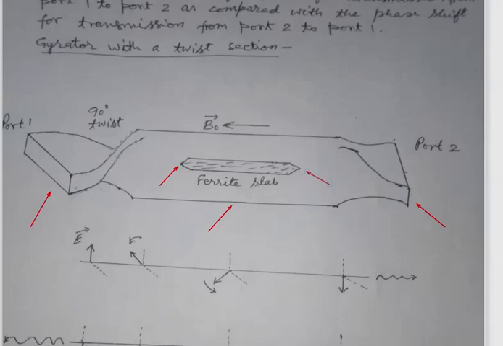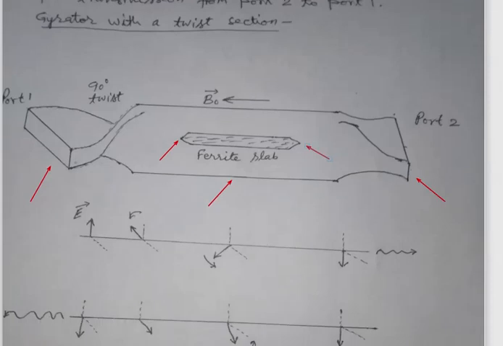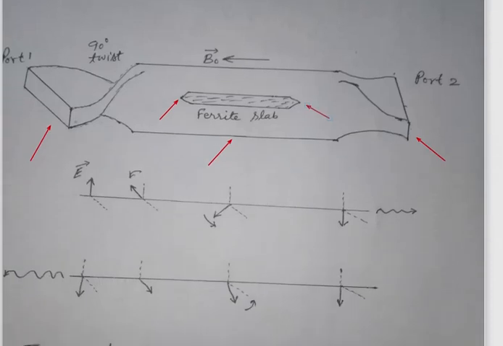Now the working of this device can be understood in this way. Suppose at the input end the direction of the electric field polarization vector is as shown in the figure.